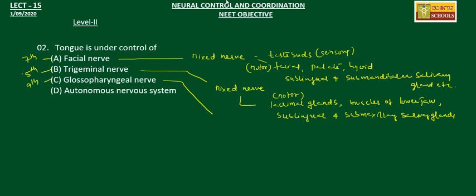This glossopharyngeal nerve is also a mixed nerve, and it has sensory functions to the taste buds and pharynx, and it also receives information from the tongue.